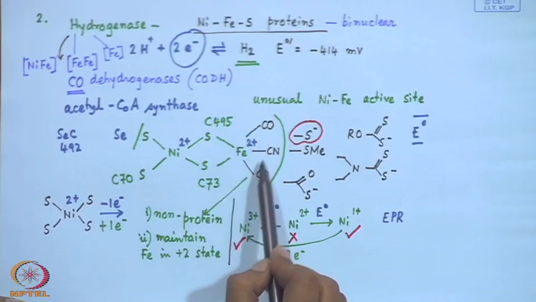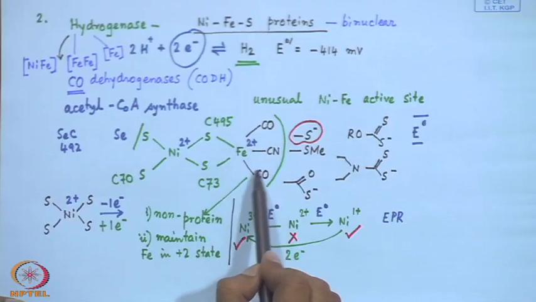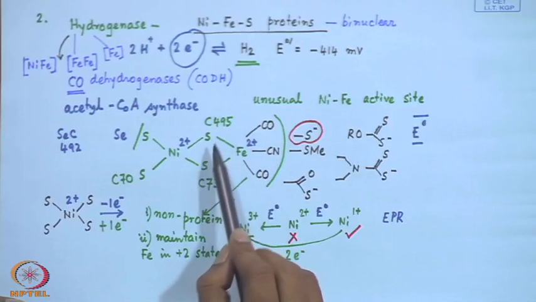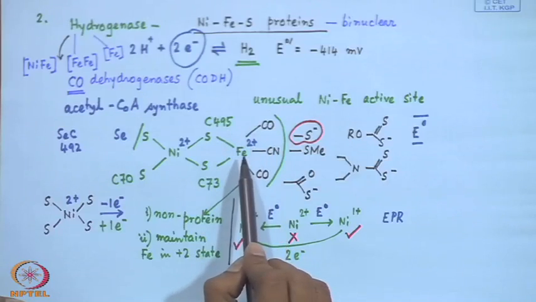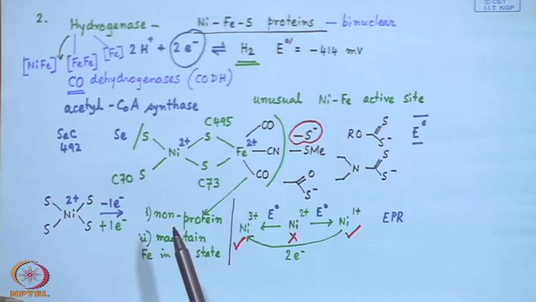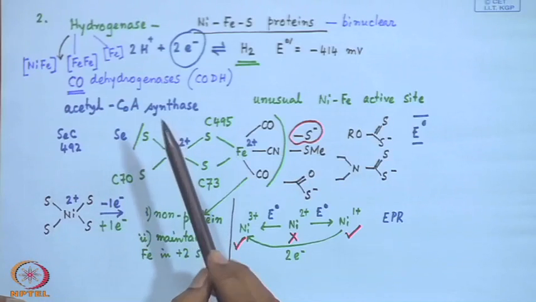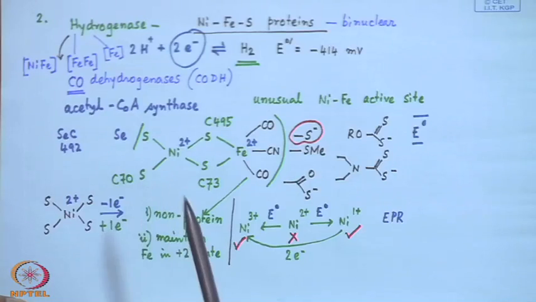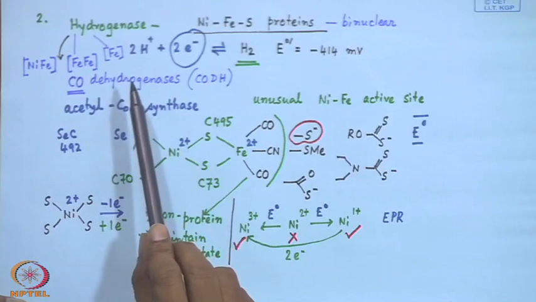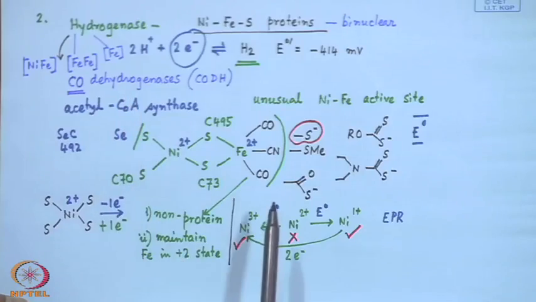So, once you stabilize or just block this center in the +2 oxidation state, that means this center cannot go to +3 oxidation state. So, definitely whatever redox activity is related to the reduction of the protons we should get from the nickel center. So, the nickel center will definitely supply the electrons for the reduction of all these protons, it is not the iron center. That we will see in our next class, how the catalytic cycle is operating in that way. Okay. Thank you.